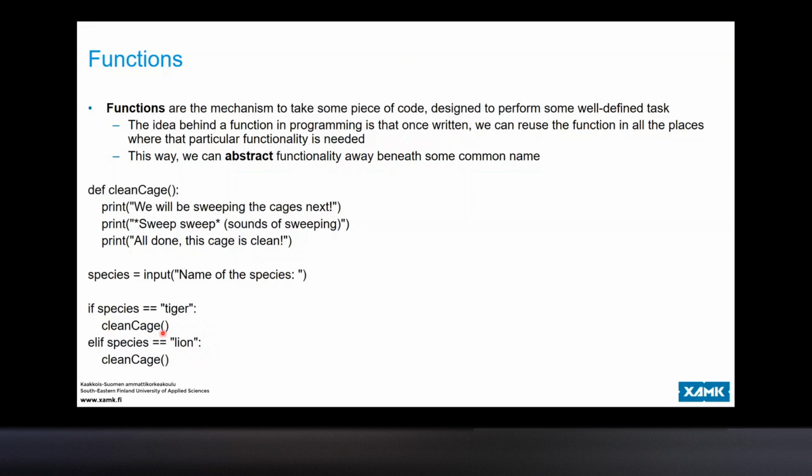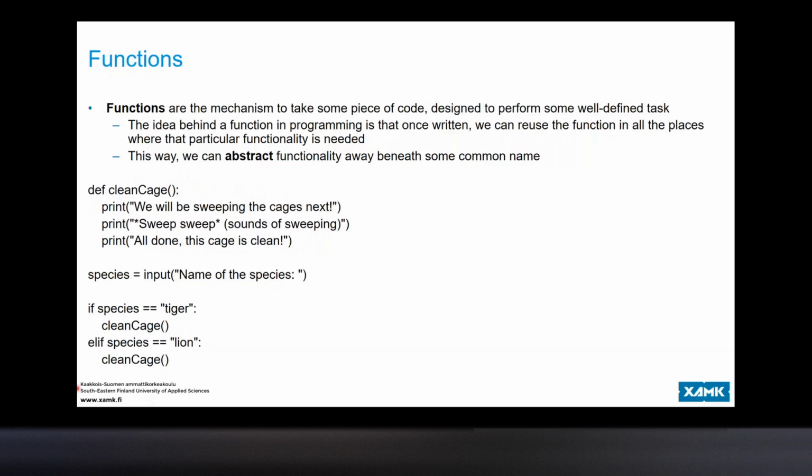The way to do that is we call a function here in the main program, and then we also have to define that particular function somewhere else. That's done like this: there is a def keyword followed by a function name, parentheses and a colon. And then everything that belongs in the body of this function is indented.